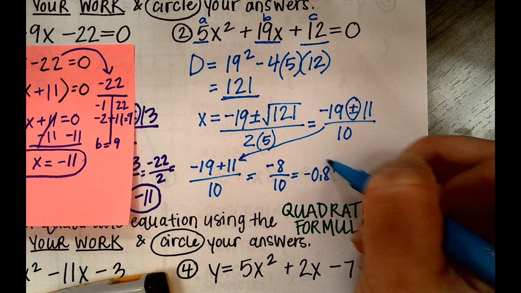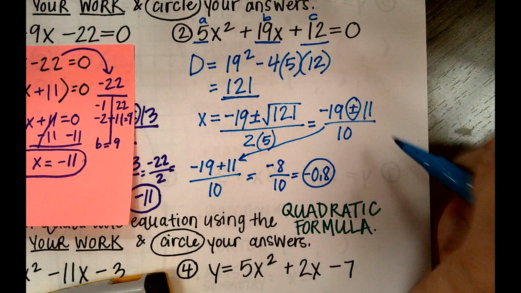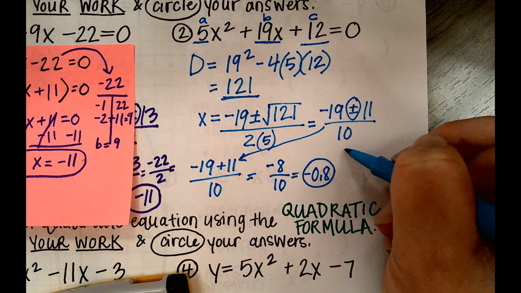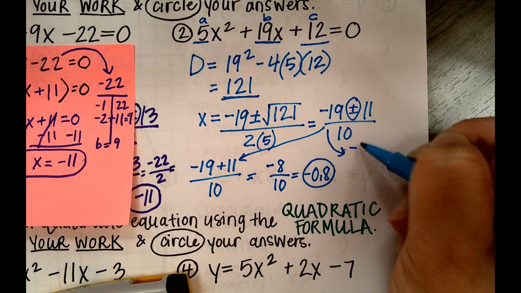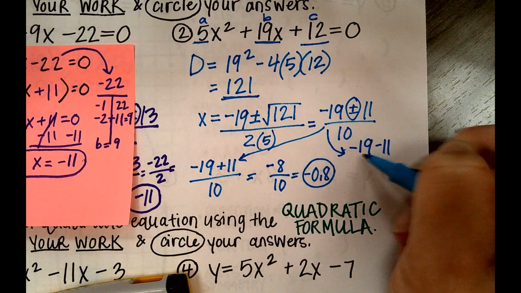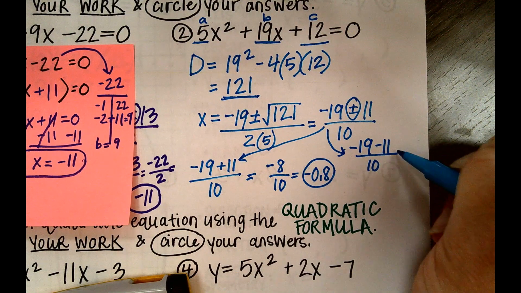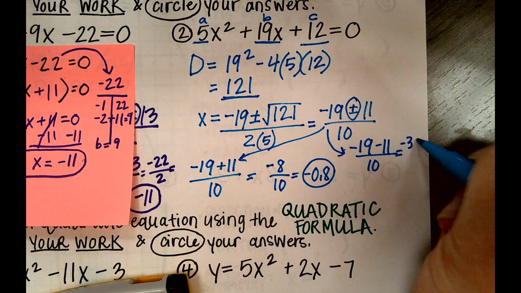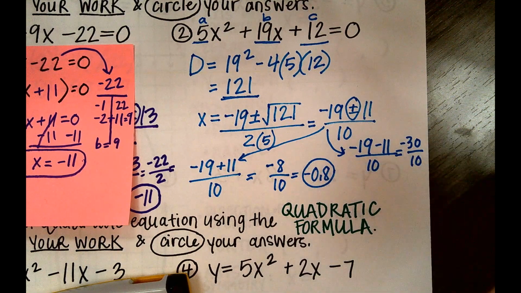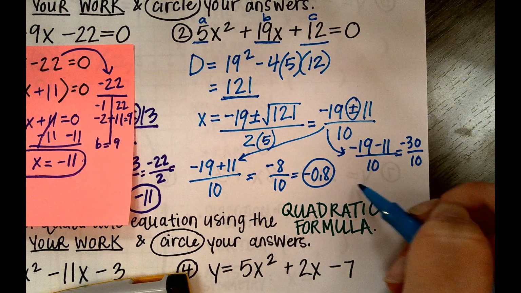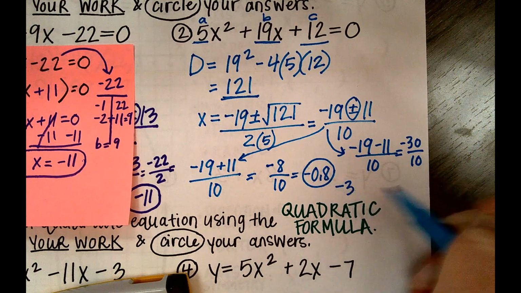Negative 0.8. And then what else? You've got to do negative 19 minus 11. Good. You did negative 30 over 10, and that'll equal negative 3. Good. Negative 3.